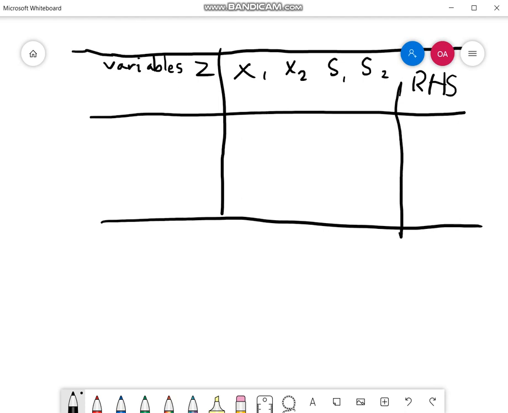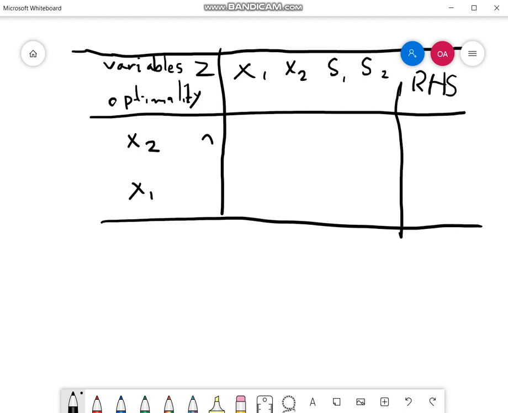We also have here my optimality condition, and I have here x2 and x1.